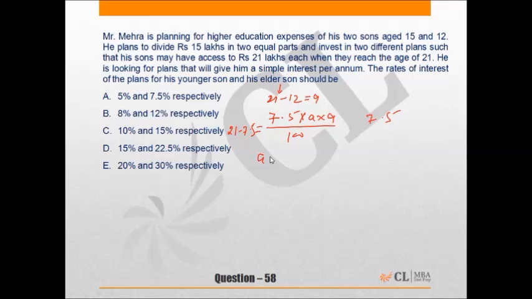From here we get A as 20%. Proceeding in a similar manner, we'll get the required rate of interest for the older son as 30%. Therefore option E is the correct answer.